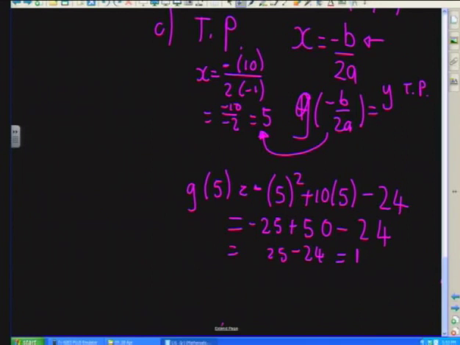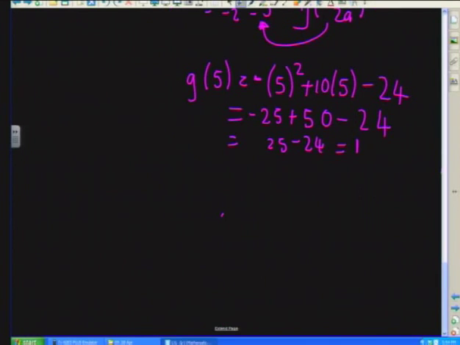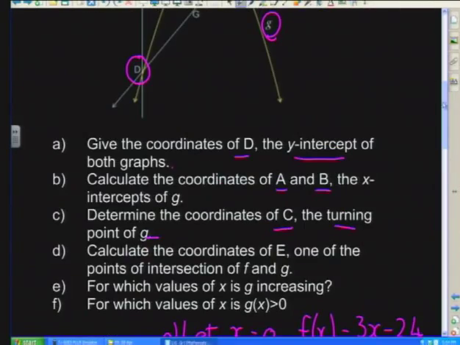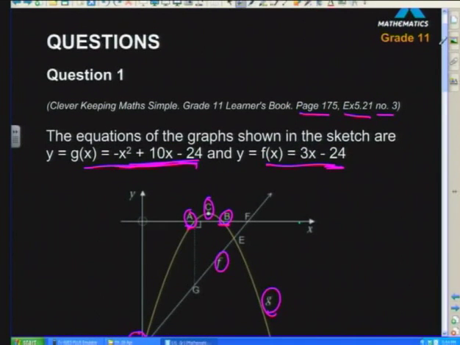So therefore, my turning point, which was C, is going to have the coordinate x is 5 and y is 1. If I go to the graph and show you where we're at, that point C, there we go, that point there is x equal to 5 and y equal to 1.